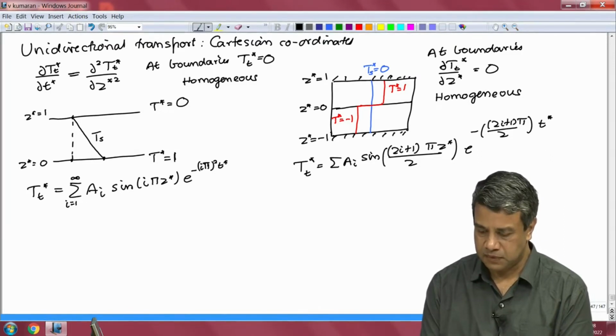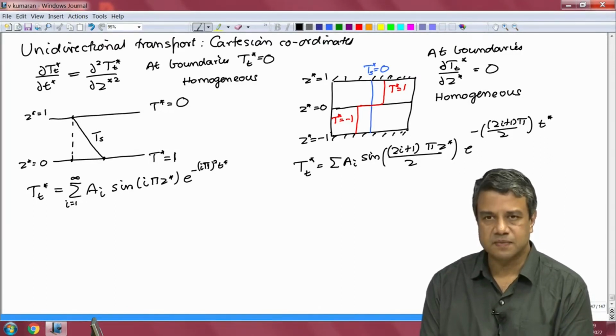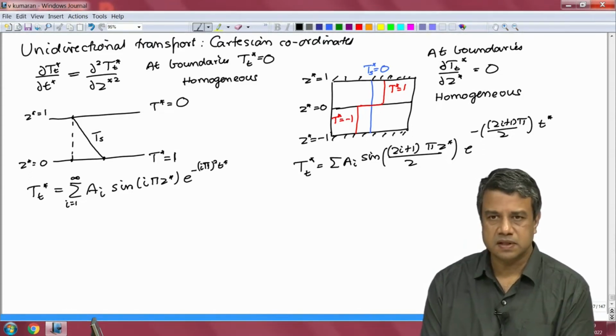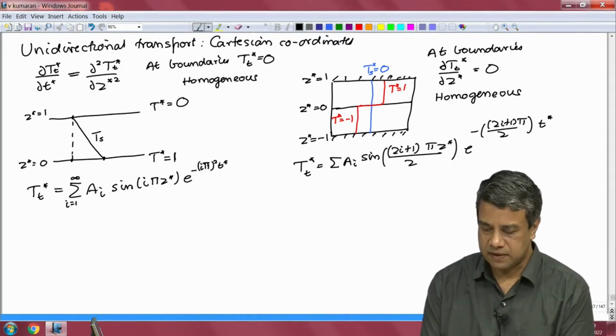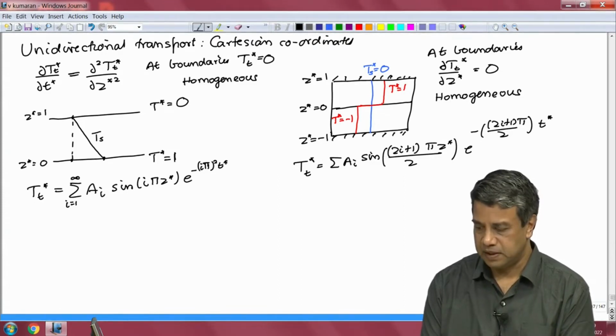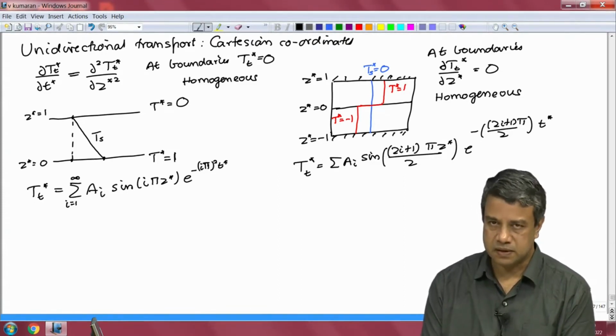And I had derived specifically for these two different cases that both of these functions satisfy what is called the orthogonality relation: the integral of sine of i pi z times sine of j pi z from 0 to 1 is non-zero only if i is equal to j, and equal to 0 if i is not equal to j.